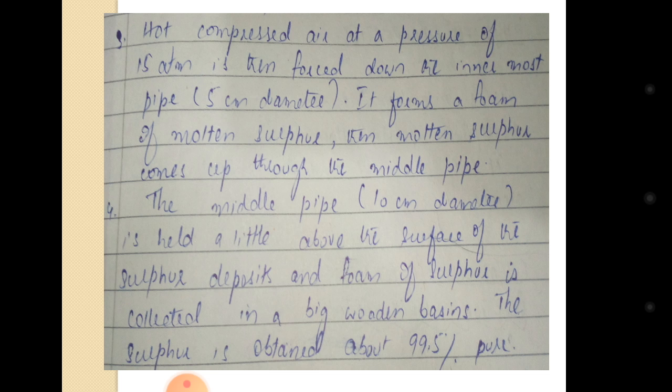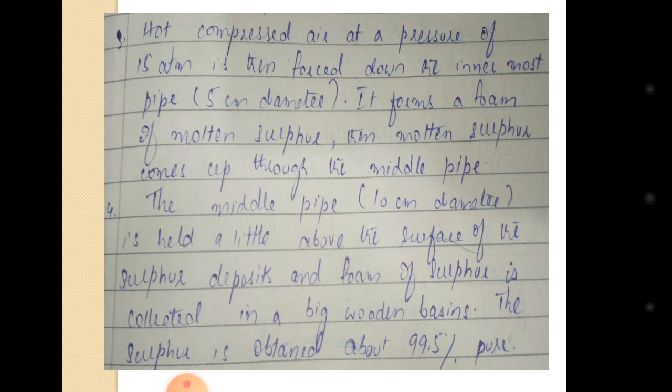Hot compressed air at the pressure of 15 atmospheres is then forced down the innermost pipe, which is 5 centimeter. It forms a foam of molten sulfur. Then molten sulfur comes up through the middle pipe. We have three pipes. The outer one has the superheated water. The inner one has the pressurized air, which causes the molten sulfur to come up as it makes it a foam.